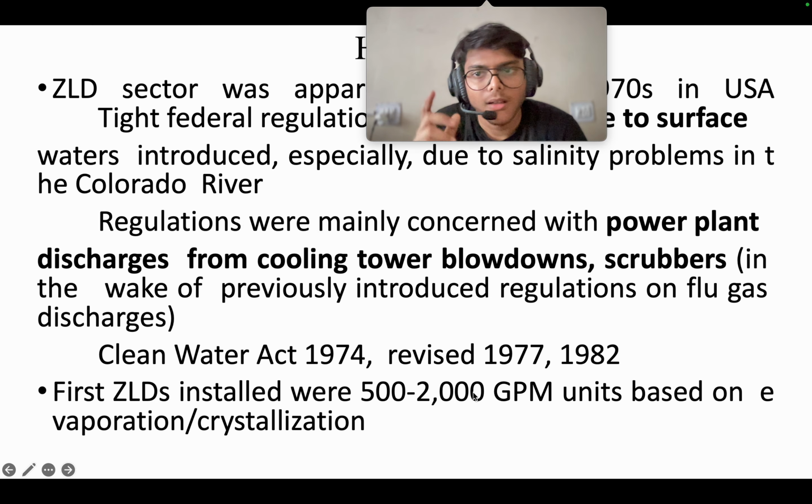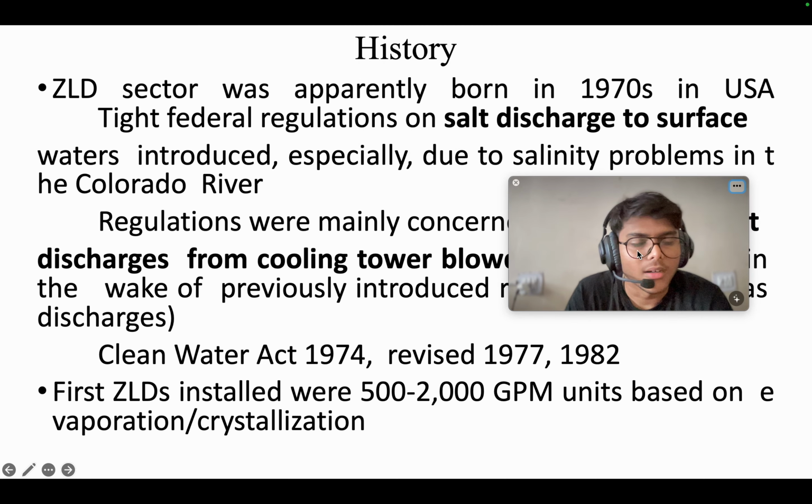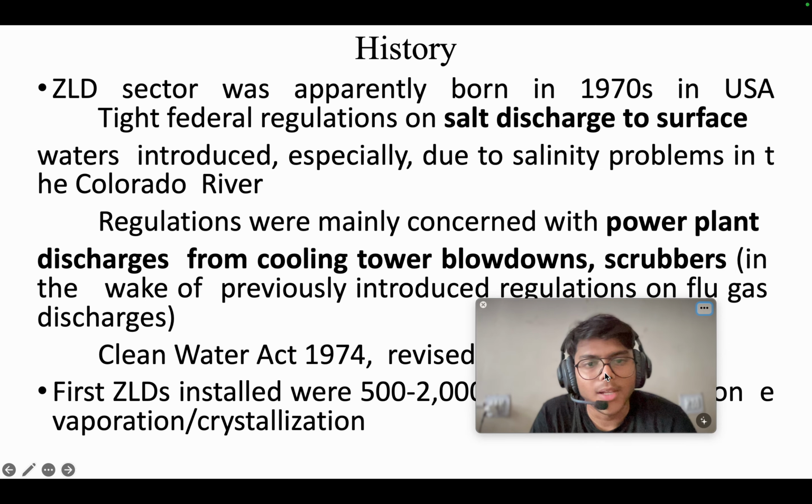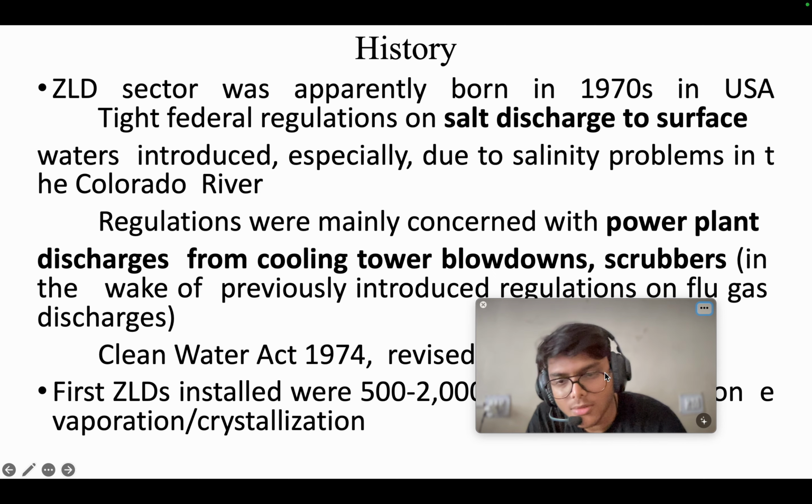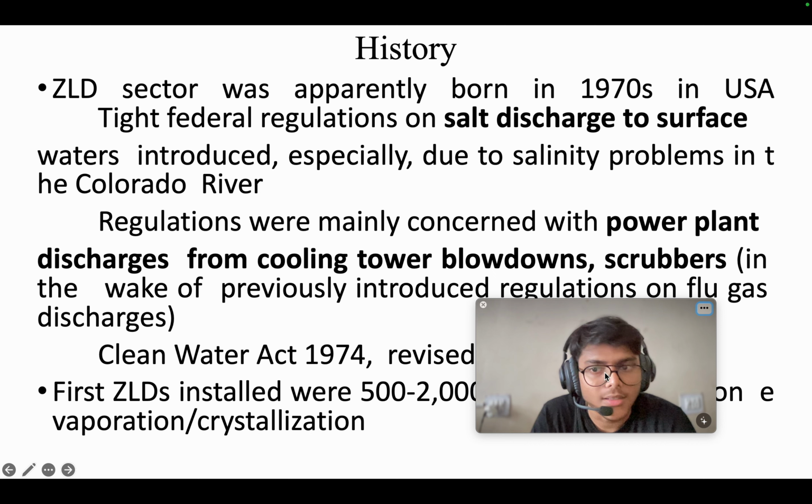Now, the ZLD sector was apparently born in the 1970s in the USA, with tight federal regulations on salt discharge to surface water introduced, especially due to the salinity problems in the Colorado River. Regulations were mainly concerned with power plant discharges from cooling tower blowdowns and scrubbers, in the wake of previously introduced regulation on flue gas discharges.